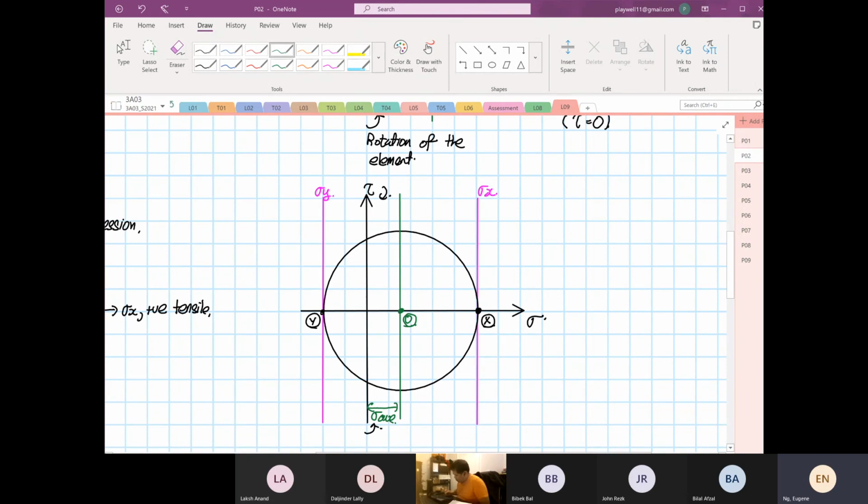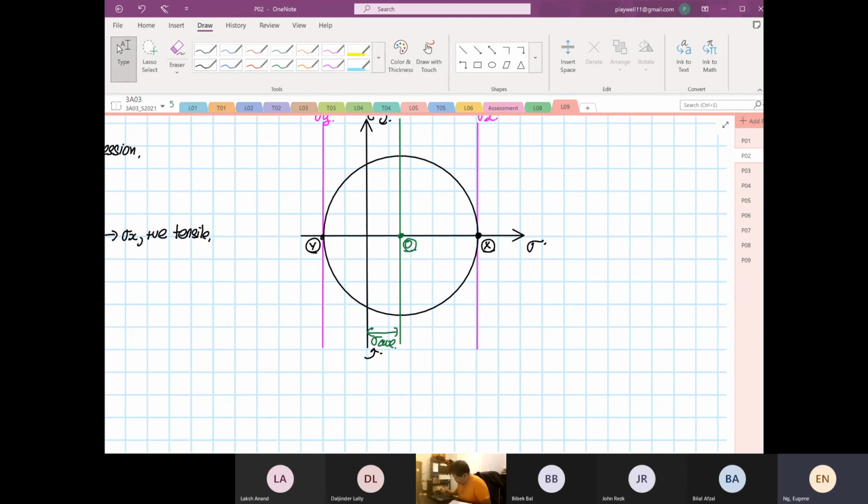One thing I want you all to take note of is that on the Mohr circle, the angle between point X and Y from point O, this angle from here to here, is 180 degrees.